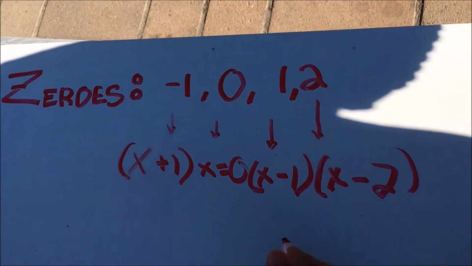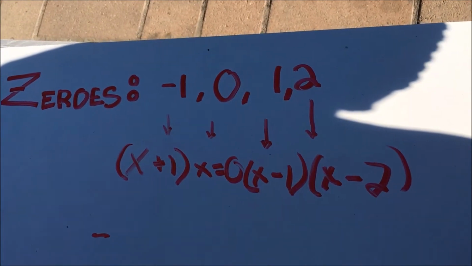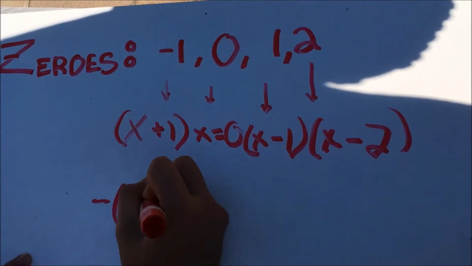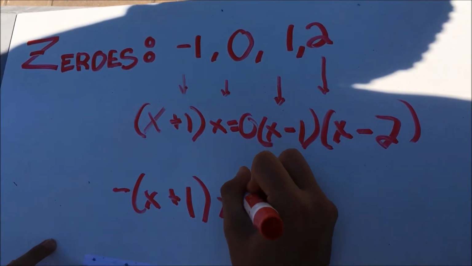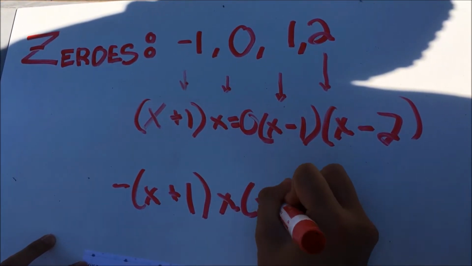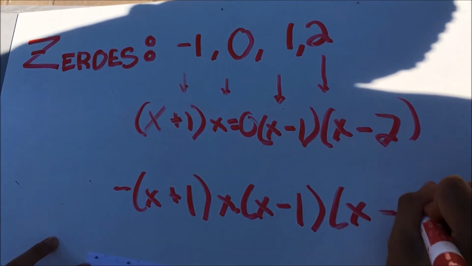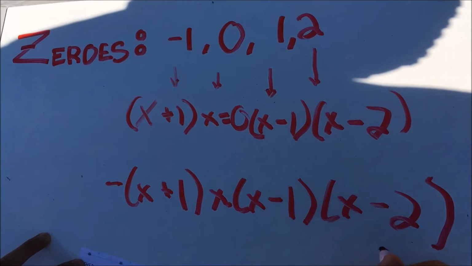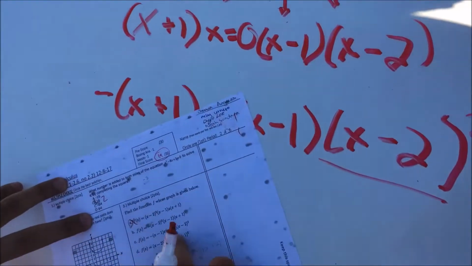After that, you make it into an equation. You have the negative that's going to be on the front because of the graph, x plus 1. Then you have your x. Then you have x minus 1. And then x minus 2. And then you have multiplicity 2 for this one. So you get C.